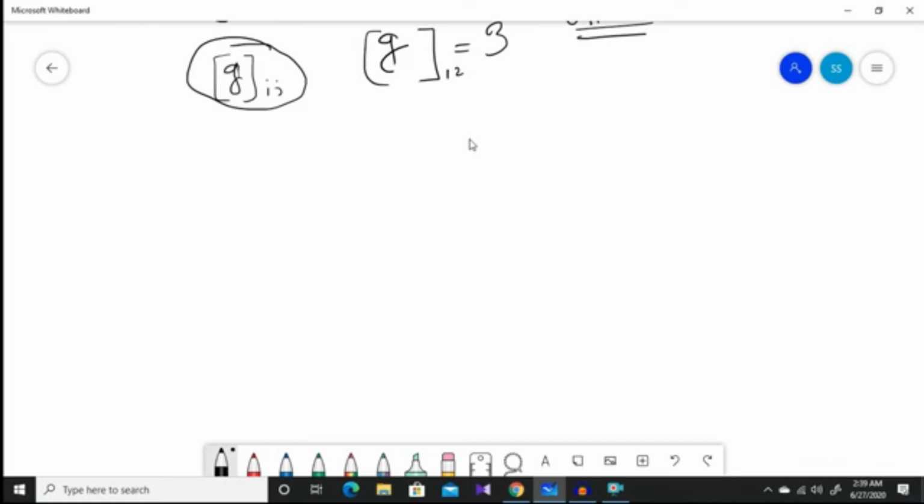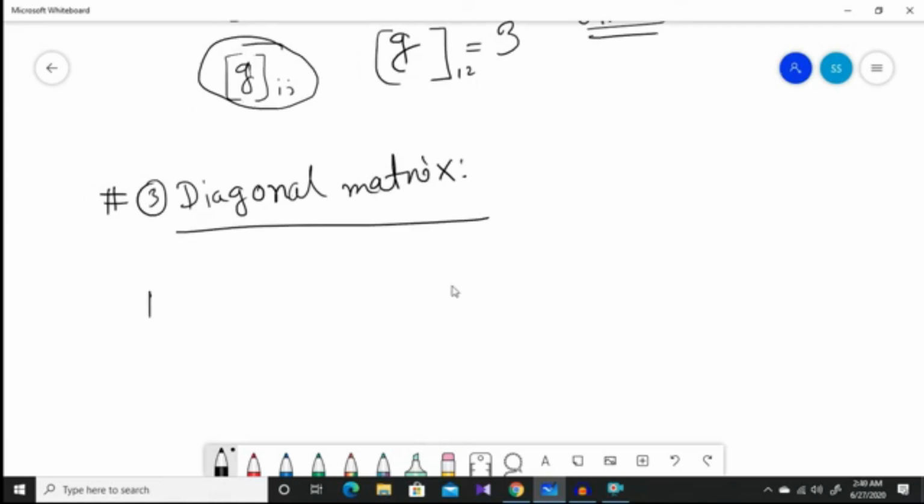Now we will talk about another matrix called a diagonal matrix. This is our third special case, diagonal matrix. Say you have a matrix called D, and let's take a matrix of order 4 cross 4, and you have it like this.